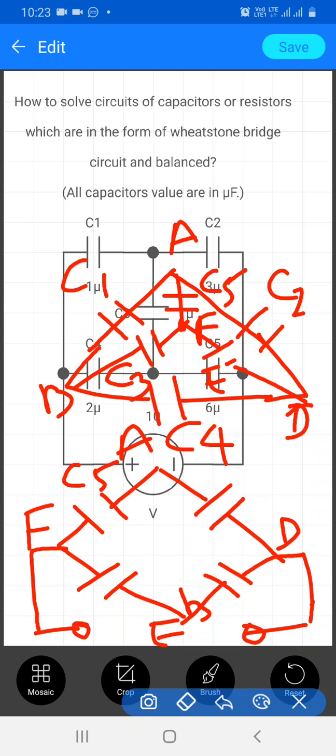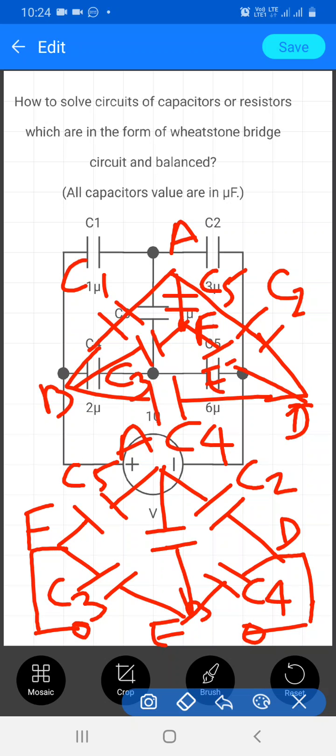Between A and D, capacitor is C2. Between F and B, capacitor is C3. Between D and B, capacitor is C4. And between A and B, capacitor is, I draw here, capacitor is C1.